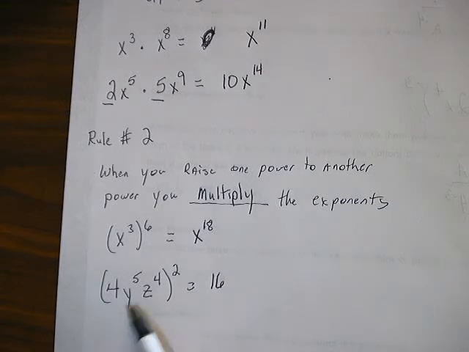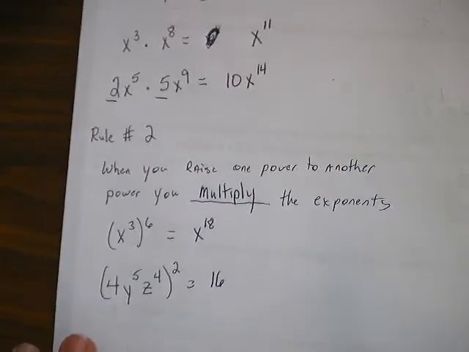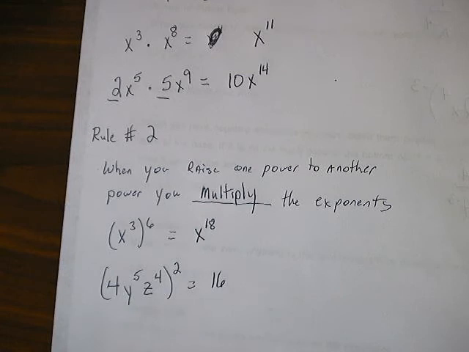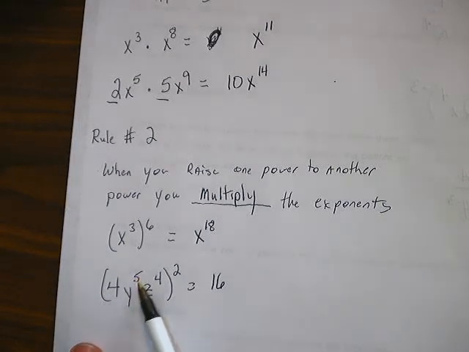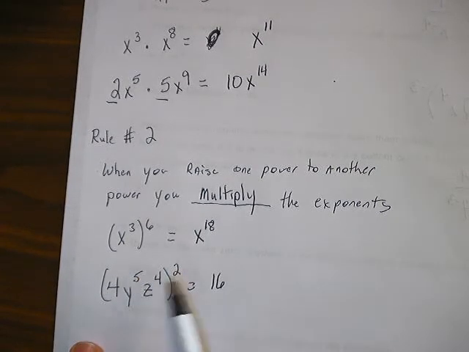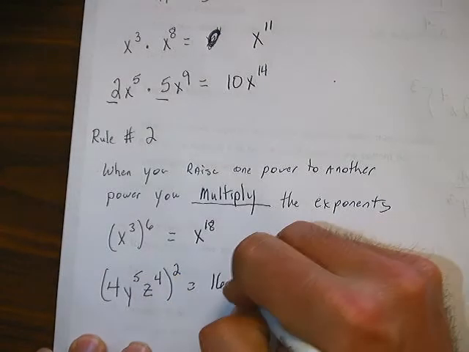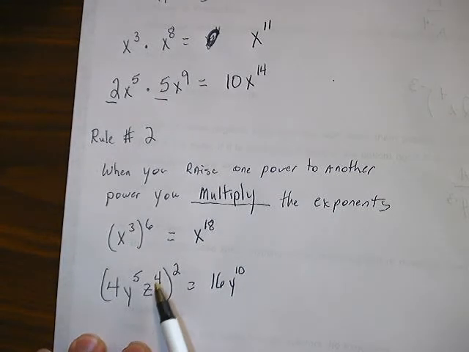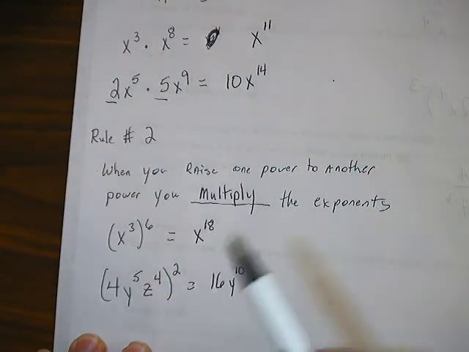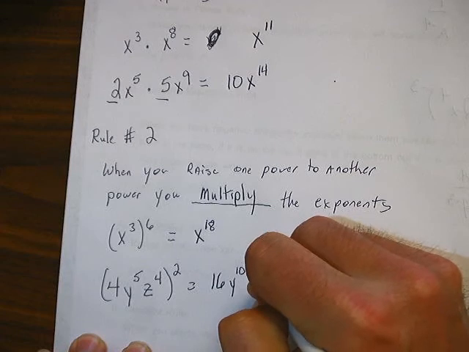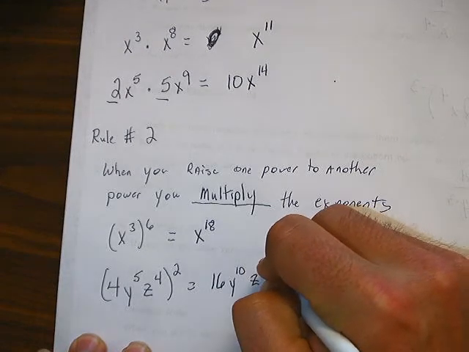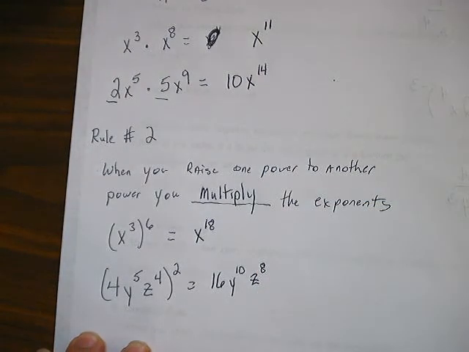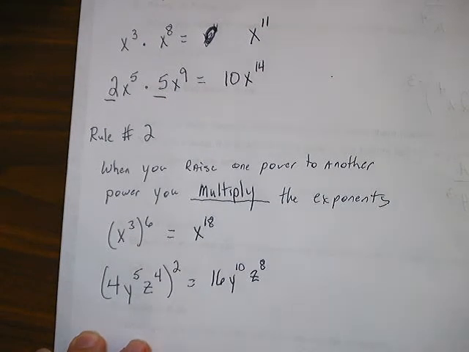Now we're raising a power to a power, so we multiply the exponents. Y to the 5th raised to the 2nd power: 2 times 5 is 10. So we have y to the 10th. Now, when we have z to the 4th raised to the 2nd power, multiply the exponents. So we have z, 4 times 2 is 8. So we have 16, y to the 10th, z to the 8th.